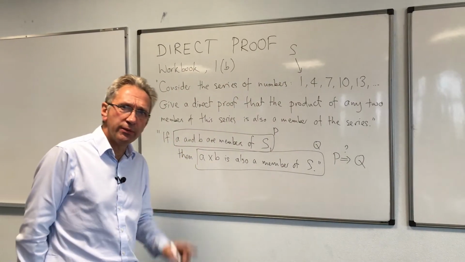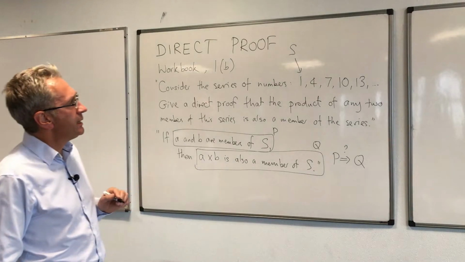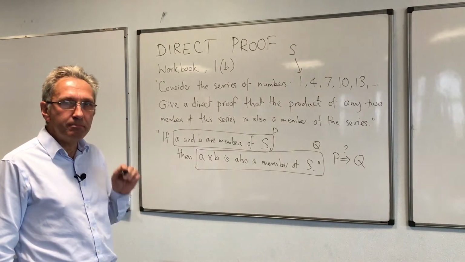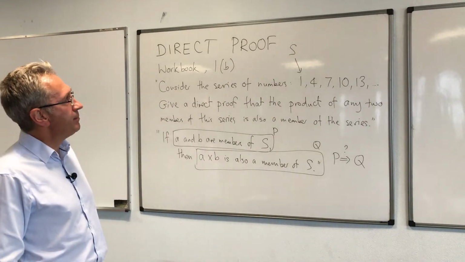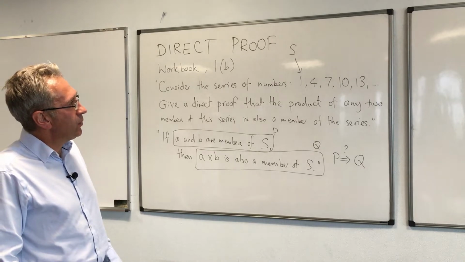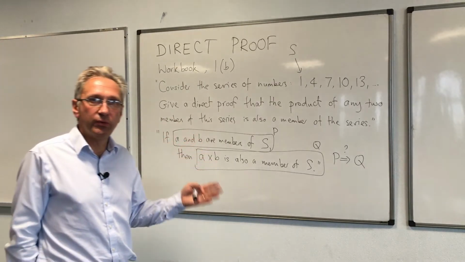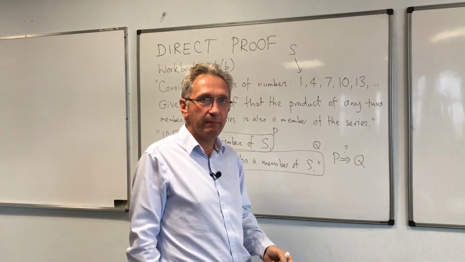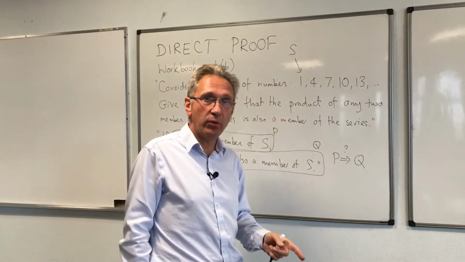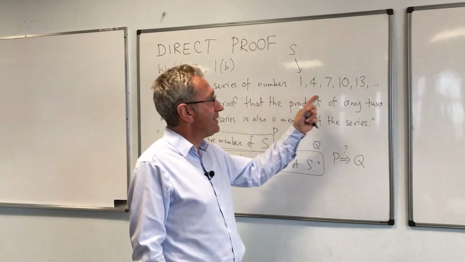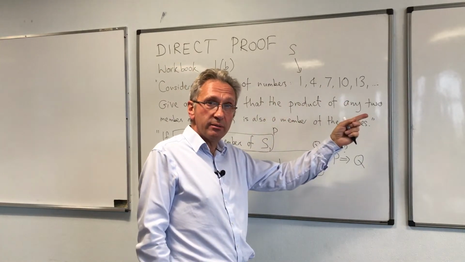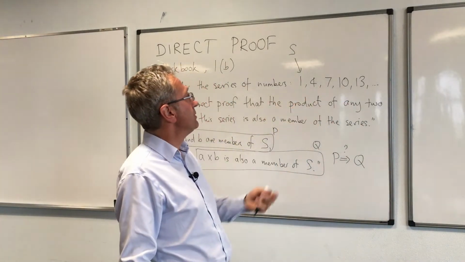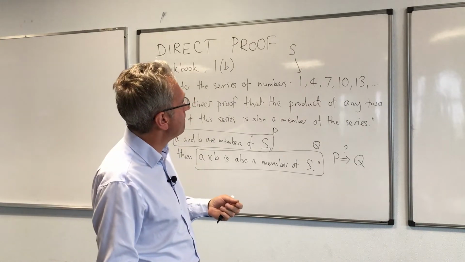First of all though, the first tricky thing is I've got to work out what it means to be a member of S. In other words, what's the general form of all of the numbers in this series? I've got to write down a formula that will effectively generate all of these numbers. How can I do that?